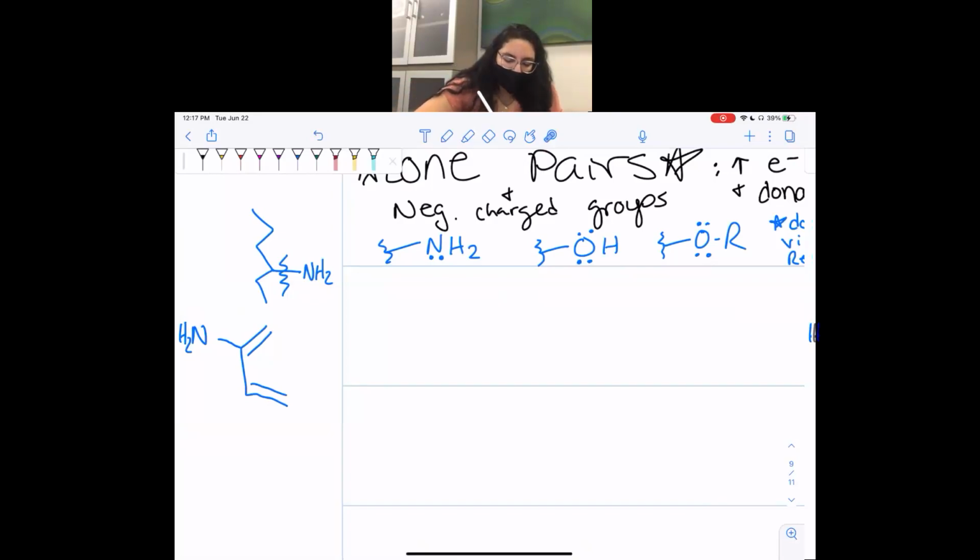If we have that group, it's going to donate electron density like this via resonance. And since it pushes that in here, this is more likely to use its electron density to go and attack. So that's what I mean by resonance. Any questions about that concept so far?